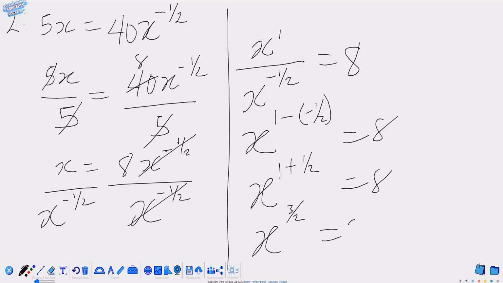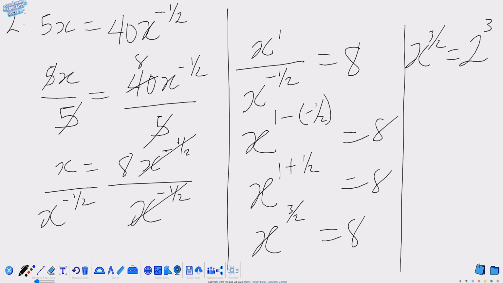Equals 8. So x raised power 3/2 equals 2 raised power of 3. Right? So remember one of those laws is if you want to evaluate x, it's 3/2. Right? So what do we do? When you multiply this by the inverse, it gives you 1, right?